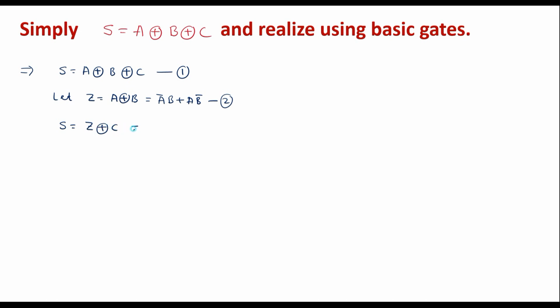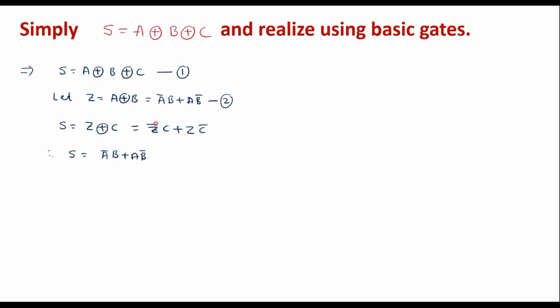So this can be represented as Z bar C plus Z C bar. Now I can represent S as, we know that Z is nothing but A XOR B, that is A bar B plus A B bar. So Z is A bar B plus A B bar.